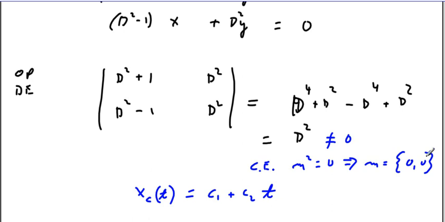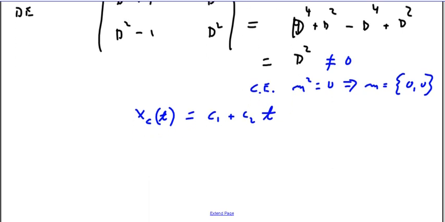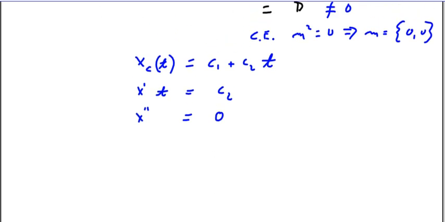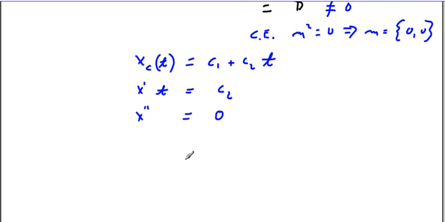Well, if that's what x is, what's the first derivative of that? c2. What's the second derivative of that? 0. Okay. Well, that being the case, we have our two equations again.